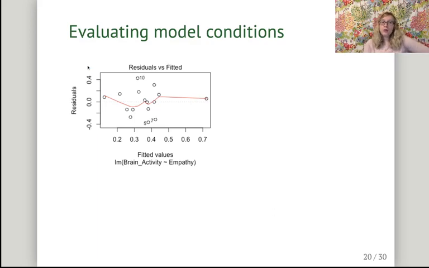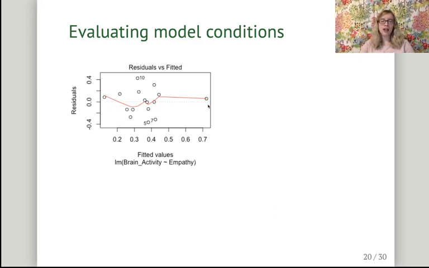So here is what the first residual plot looks like for this data. We have our residuals marked with circles. 0 is a gray dotted line. Red is a trend line applied to this. Overall, there's no major pattern with these residuals. They look pretty independent.